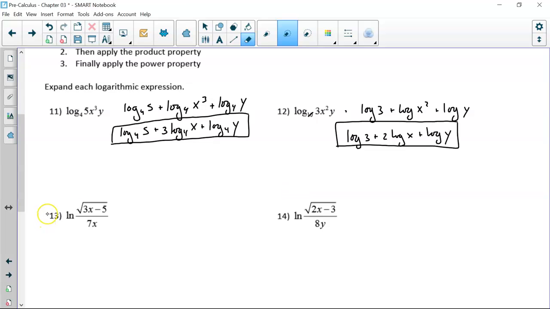Now for number 13, we have that square root. We need to rewrite this first. We can't work with the square root. We can't work in radical form. We want to change it to rational exponents. It's going to be the natural log, and in parentheses, 3x minus 5, and the square root is the same as raising to the 1/2 power, over 7x.